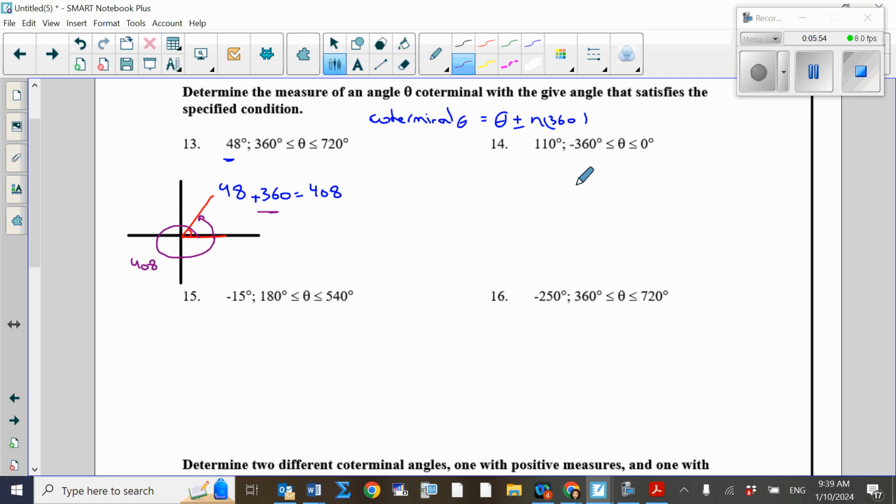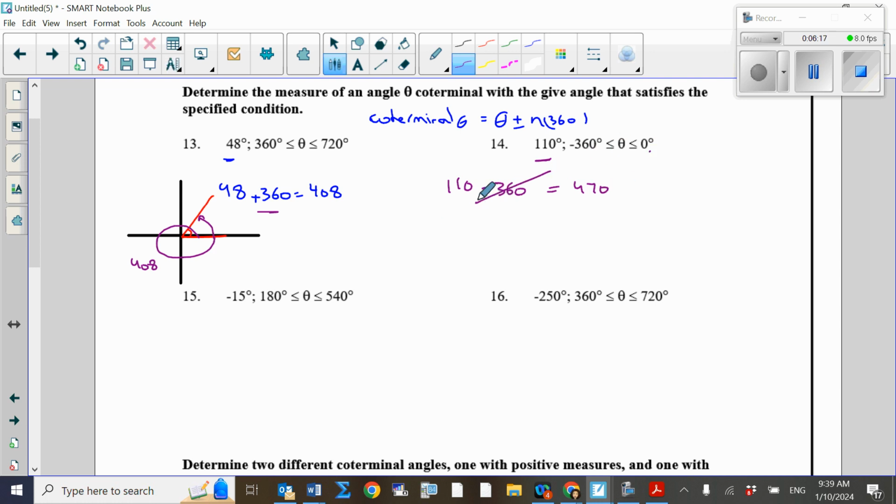Now, let's see what happens about this one. So our original angle is 110 degrees. We're going to try adding 360 degrees to that. It's going to give us 470 degrees, but it's not between 0 and negative 360.